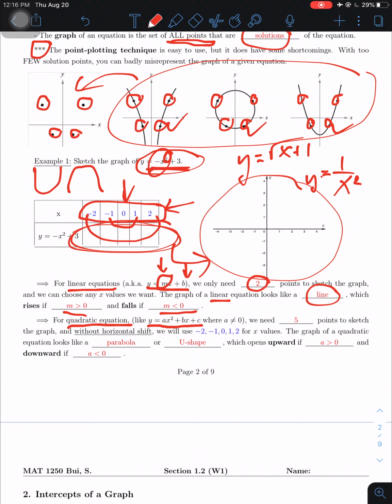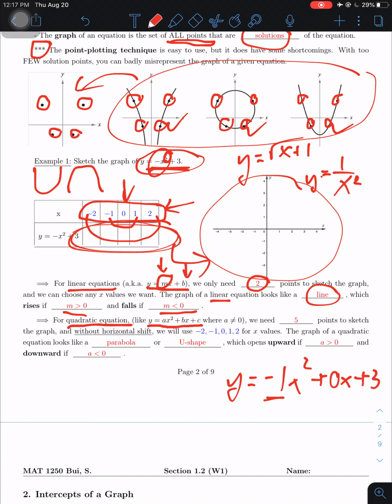Actually, you can understand it as b equals 0, because 0x is just 0 and 0 is nothing, right? That's why we don't write it there. If you want to make it look like the proper form, then you can write the equation in example 1 like negative 1 x squared and then plus 0x and then plus 3.